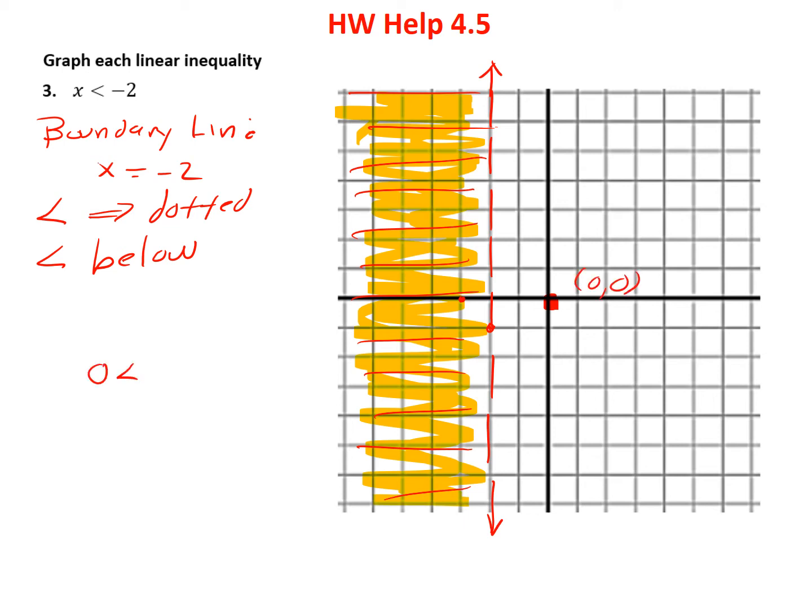Is 0 less than minus 2? No. So we would expect that not to work. On the other hand, here's the point minus 3, 0. And look here, if we plug that in, minus 3 is less than minus 2. So notice the area in the shade solves the inequality. The area outside the shade does not solve the inequality.